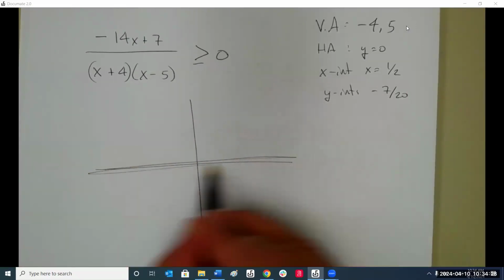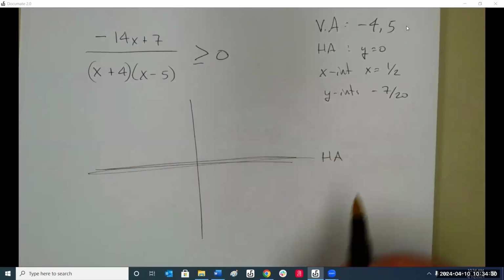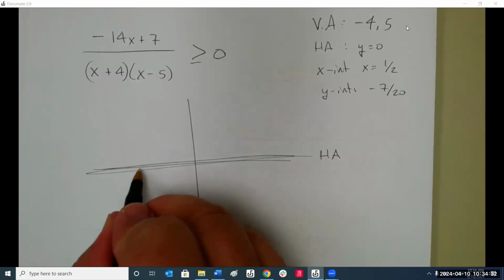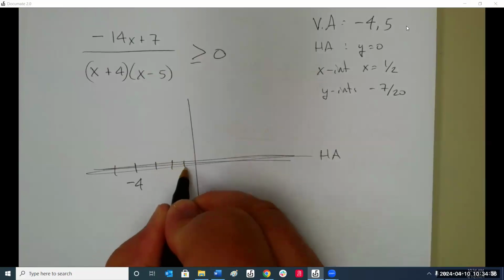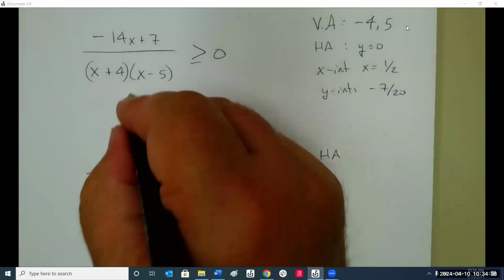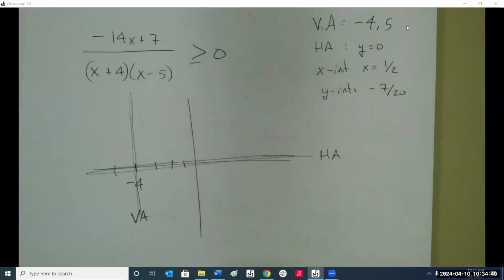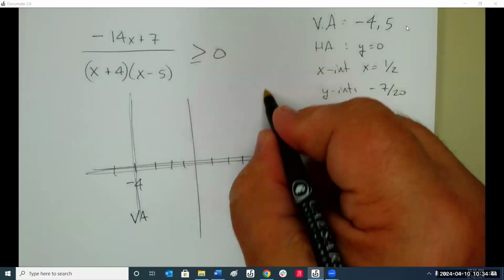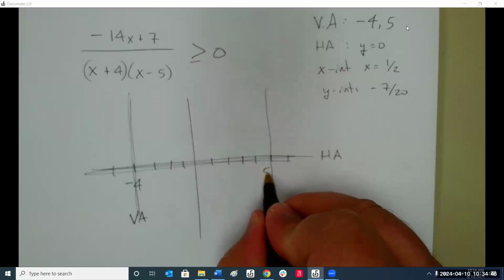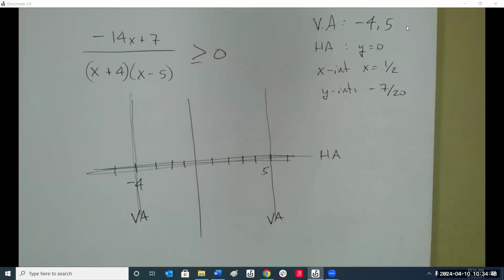So the horizontal asymptote. Vertical asymptote. Asymptote.